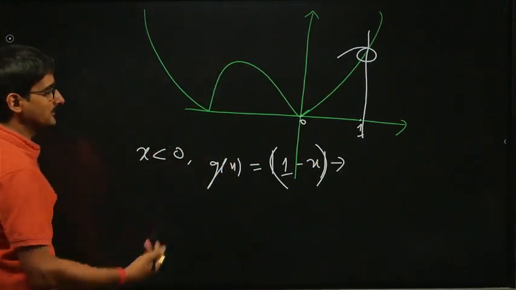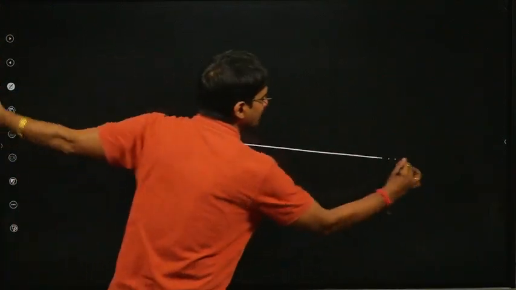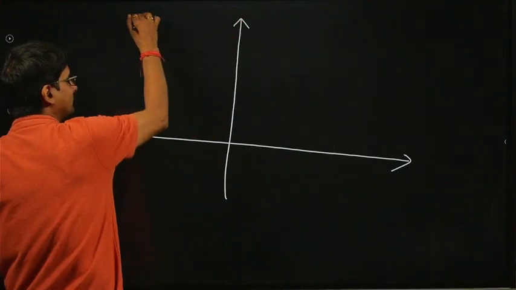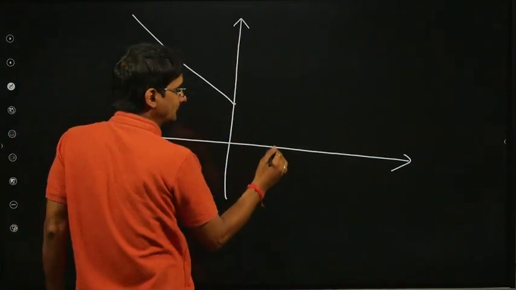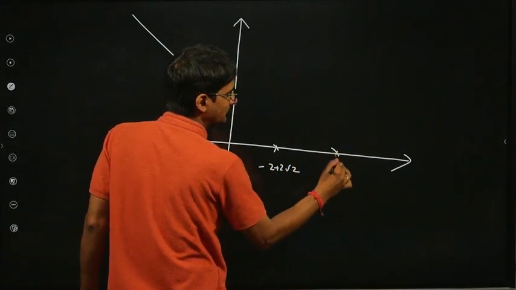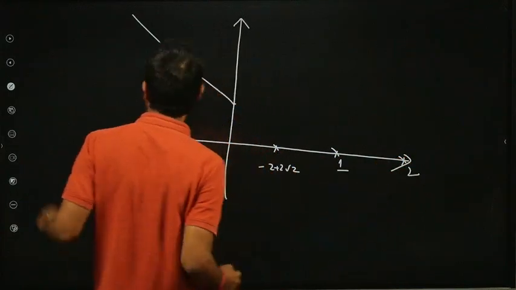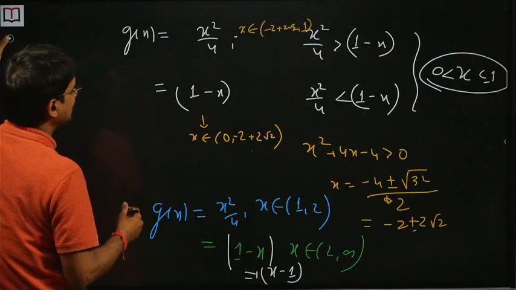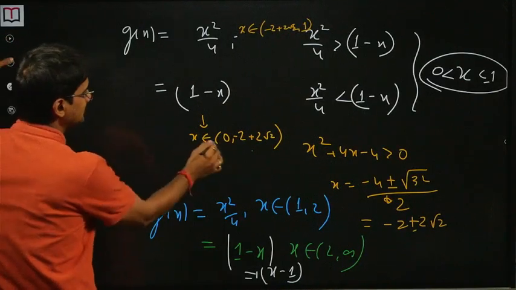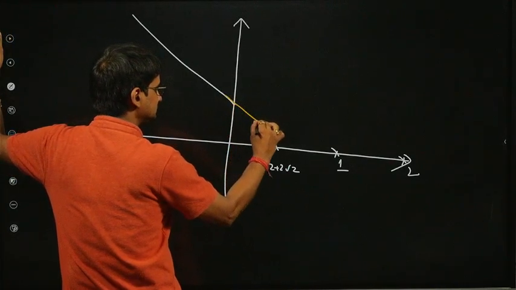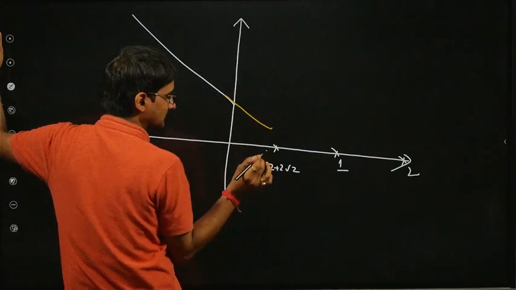So now you draw the curve y = g(x). On the negative side, it's 1 − x. So from 0 to −2 + 2√2, then 1, then 2, and so on. From this to this, it's again 1 − x continued, something like this.